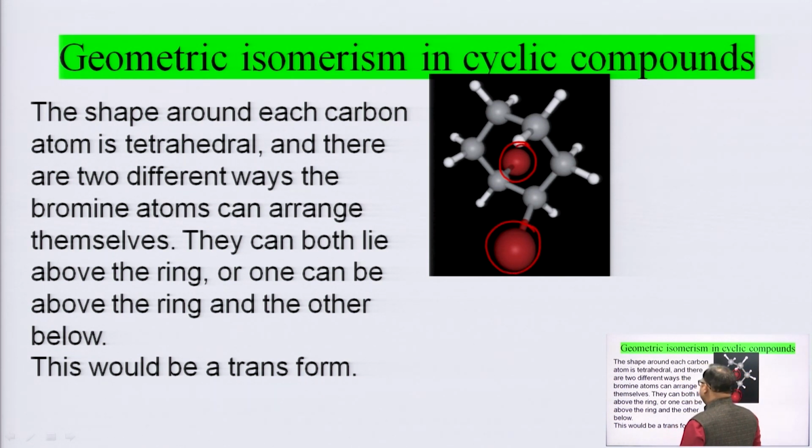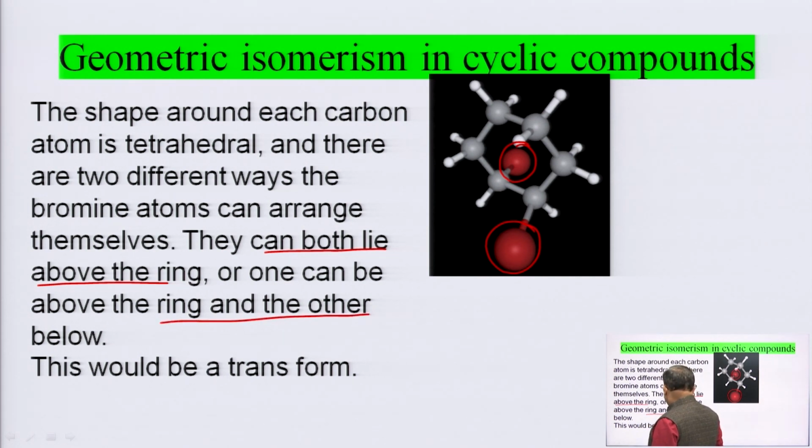They can lie above the ring or they can lie below the ring. So, this is an example of trans because one atom is above the ring and one atom is below the ring. So, cyclic compounds can also exhibit geometrical isomerism if they possess 2 different substituents.